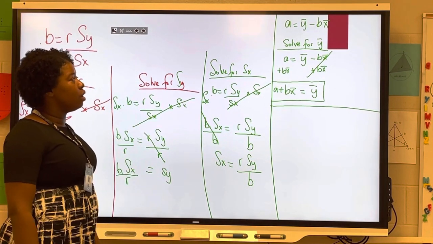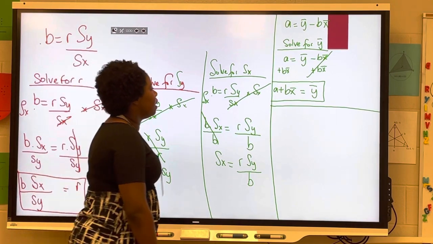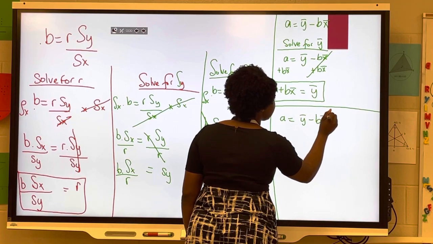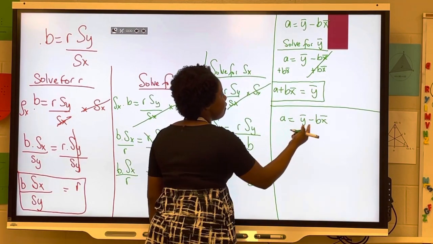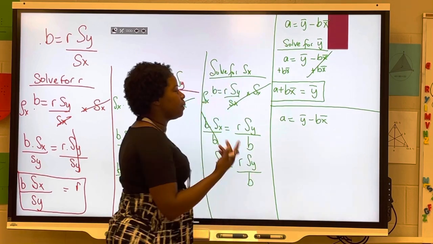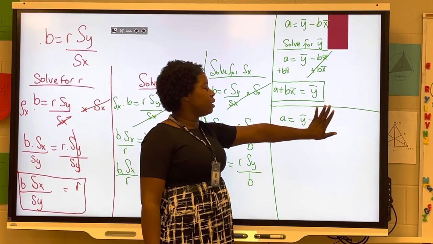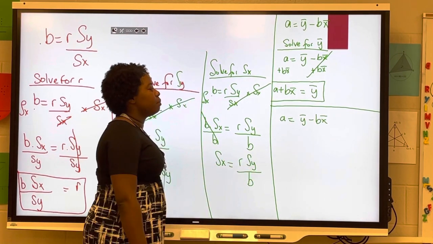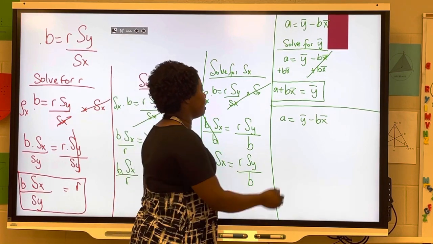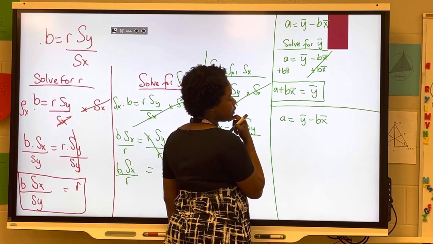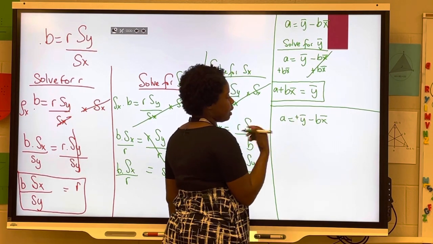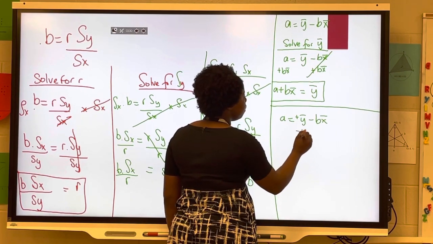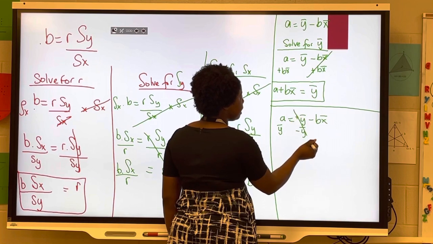From this we can also find x bar. Given that a is equal to y bar minus b of x bar, we find x bar by again doing the opposite operation. Because b x bar is one term, we cannot separate them unless you divide throughout, but that's going to be a harder route. So what you have to do is get rid of the y bar first. This y bar is a positive variable as it stands, so we have to subtract y bar from both sides to cancel it.